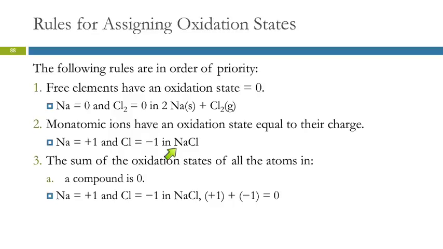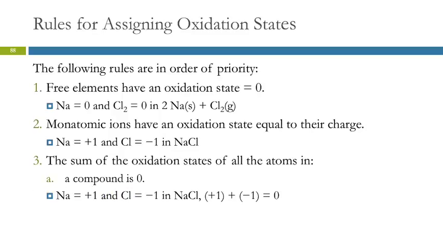So in NaCl, we know that this is an ionic compound. It's sodium ion, Na+, and chloride ion, Cl-. So the oxidation state of sodium is +1, and the oxidation state of chlorine as chloride is -1. The sum of the oxidation states of all the atoms in a compound is 0.